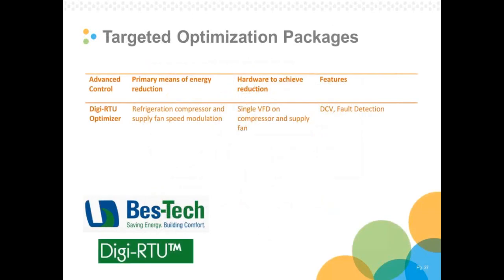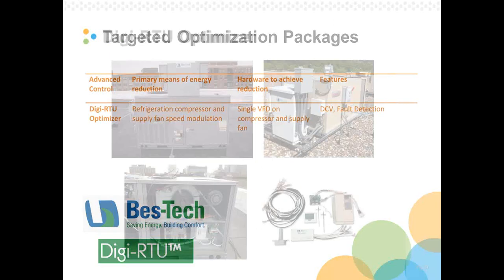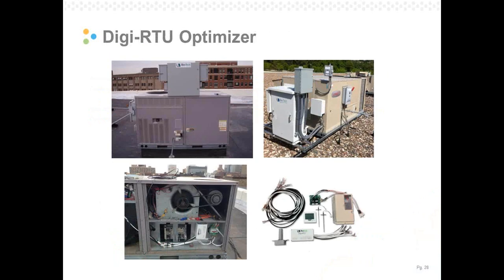The second technology we looked at was the Digi RTU. The Digi RTU is a VFD-based optimization package. They use a single VFD to control the speed of the compressor and the supply fan, and they also have demand-controlled ventilation and fault detection. I just wanted to include a picture of what some of these optimization packages look like.